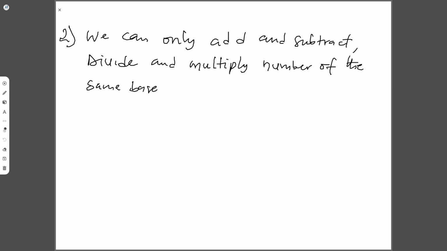We can only perform these basic operations: addition, subtraction, division, and multiplication for numbers that have the same base.